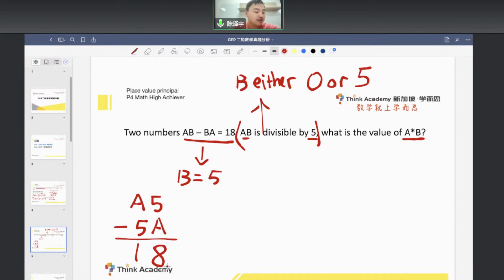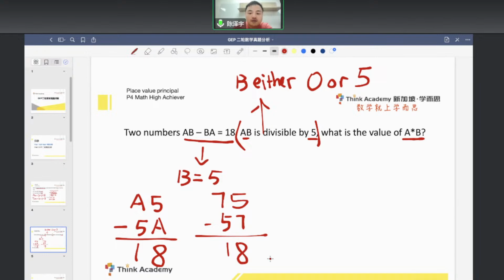I have seen some people say that the A value can be 7. Let's try. If my A is 7, I have 75 minus 57. Will it be equal to 18? Yes, so this is 18.